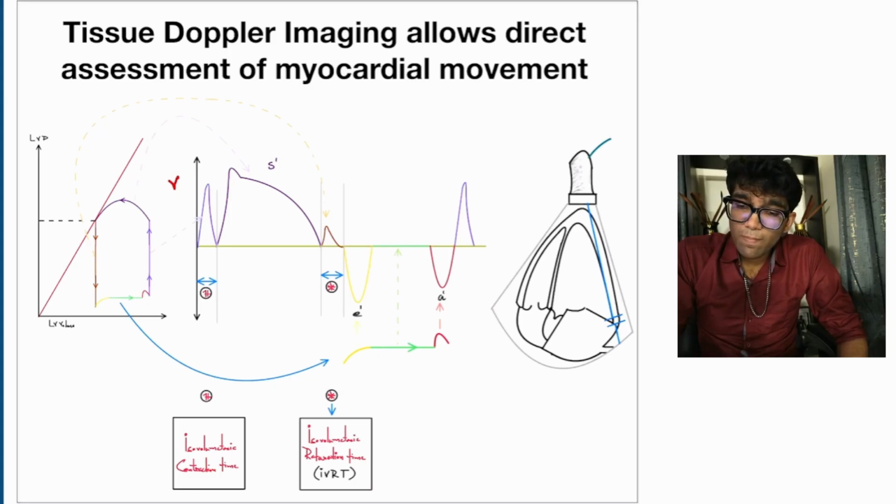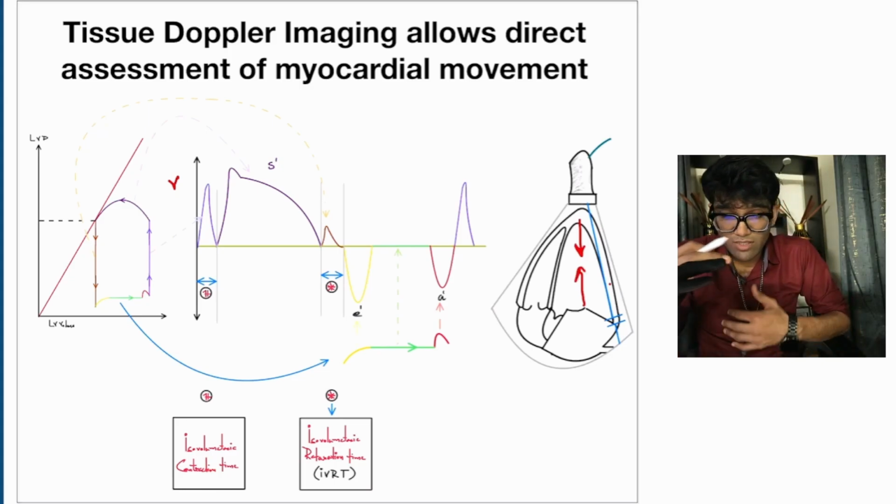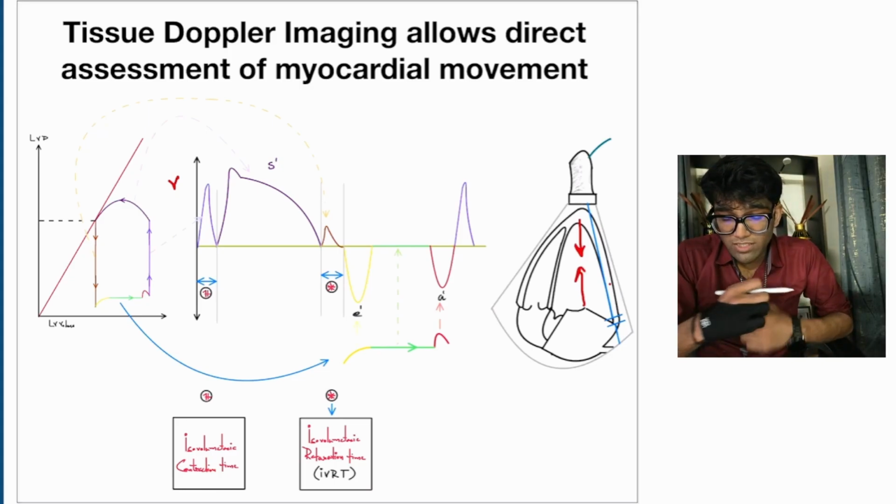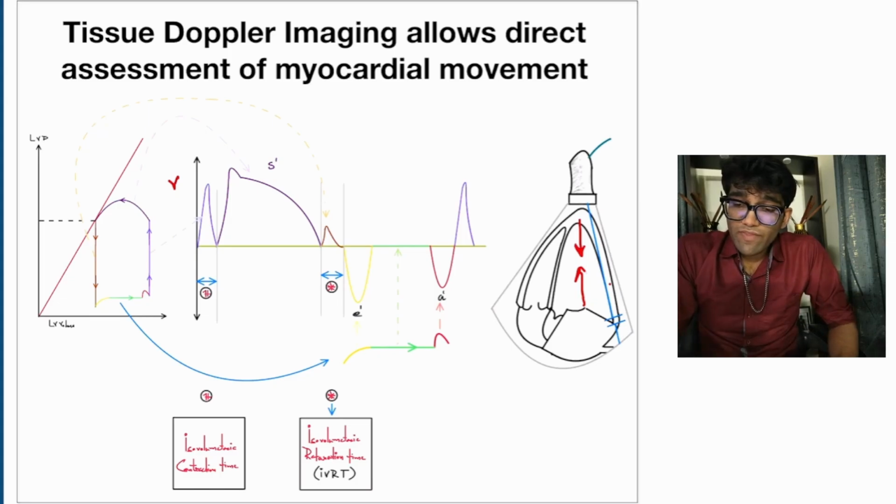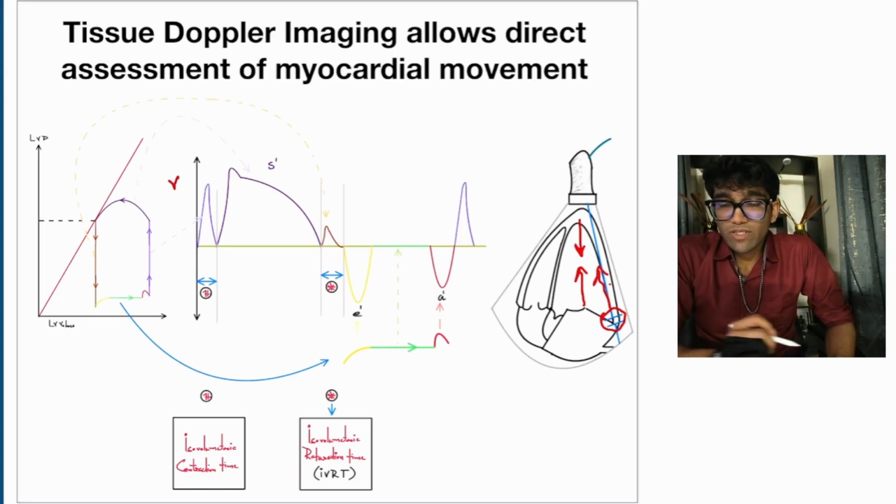The apex is pulled towards the base and the base is pulled towards the apex. This is the base-to-apex contraction vector. Because of that, the base of the leaflet is being pulled towards the probe, so we get a positive deflection, or an increase in velocity, corresponding to this isovolumetric contraction.